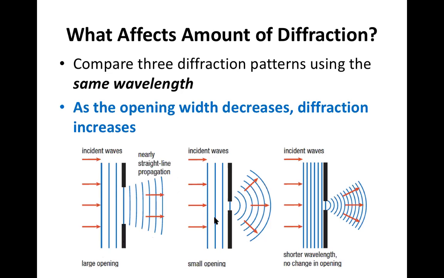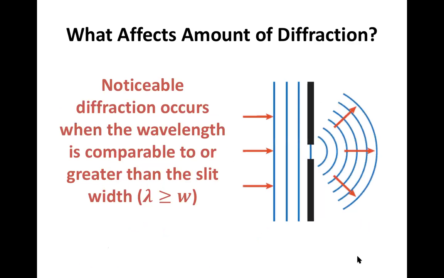Now, if you have the same incident rays, the same wavelength, going into a much smaller opening, then there's going to be a lot of diffraction. So it's very circular. And if you have a very short wavelength compared to the slit opening, noticeable diffraction occurs.